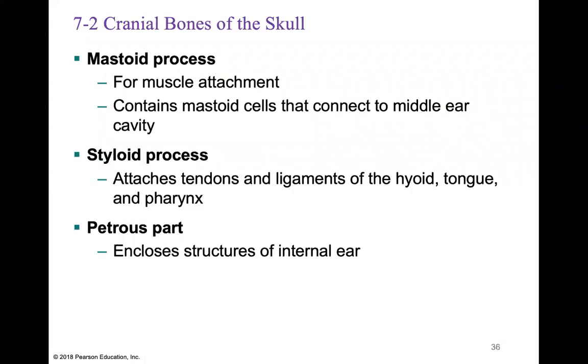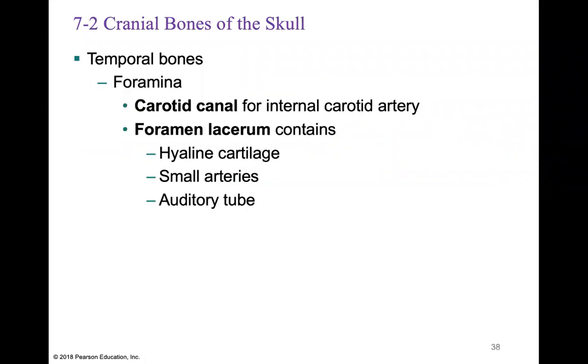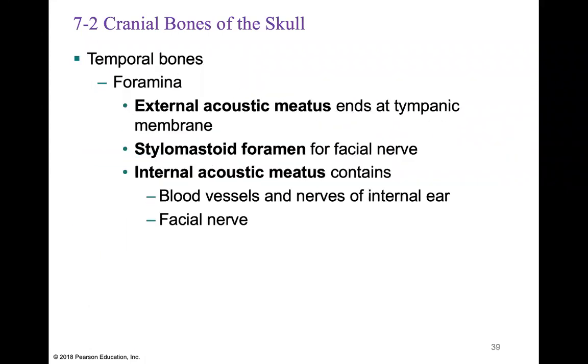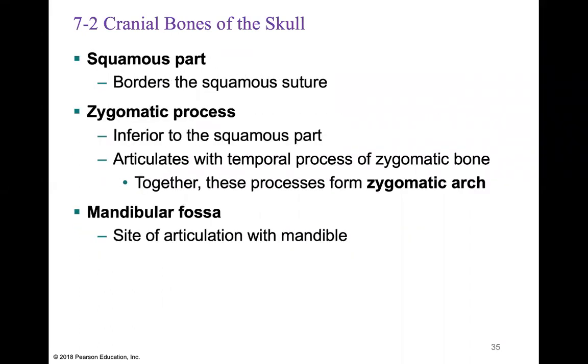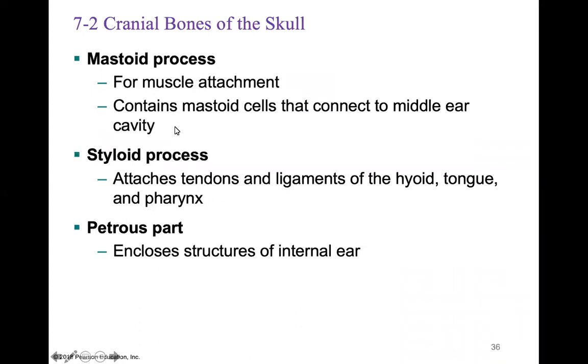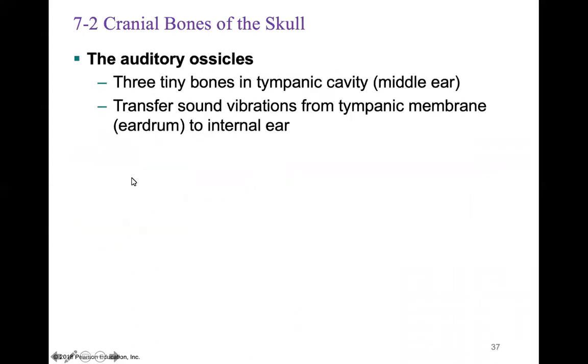So looking at a little picture here of the temporal bone, know the squamous part, know the zygomatic process, and the auditory ossicles. Those are the three tiny little bones.